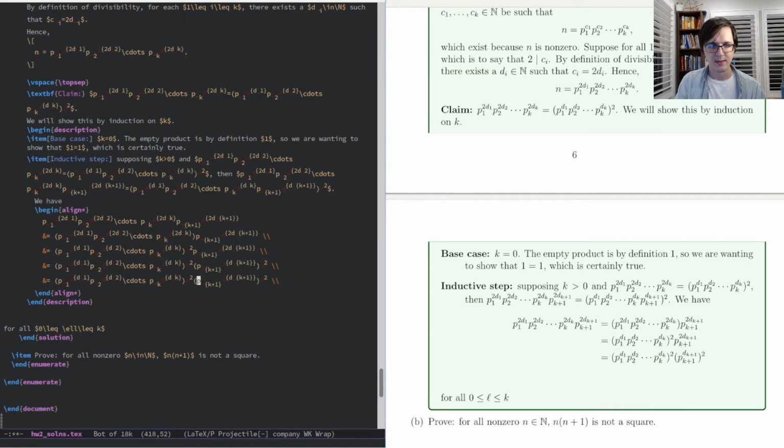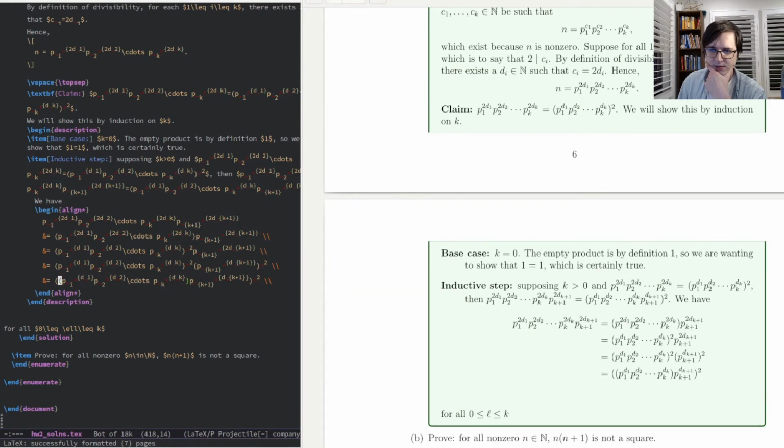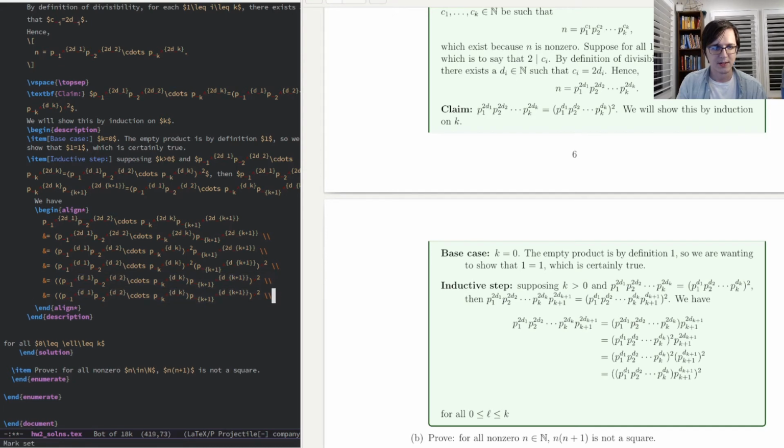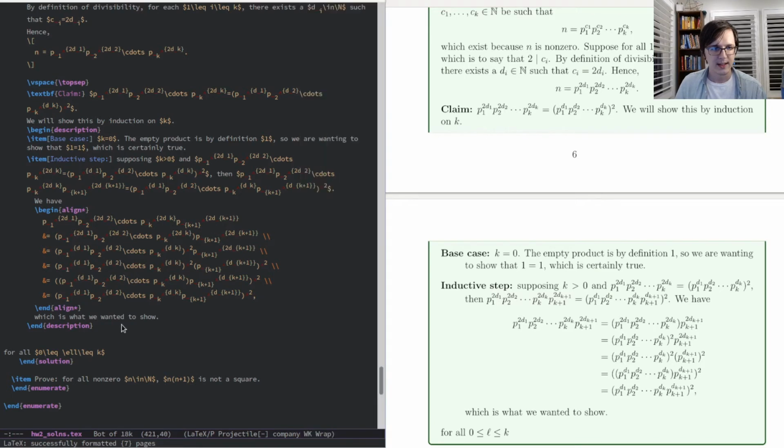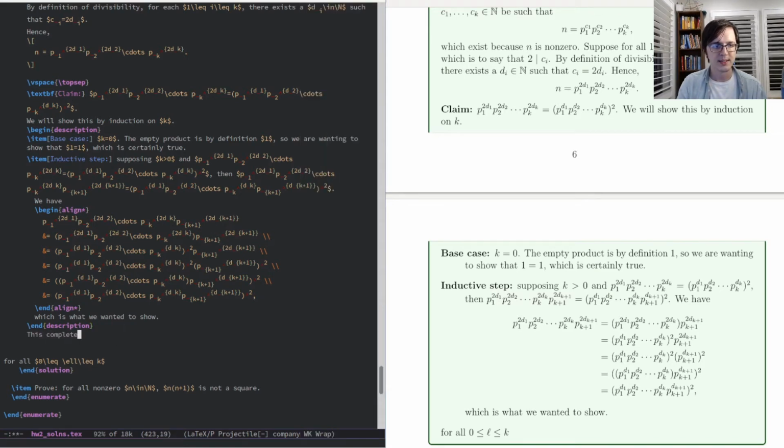And then, since it's a product of squares, we can turn it into a square, and then remove those inner parentheses. Okay, and let's add a comma, which is what we wanted to show. And this completes the induction and the proof of the claim.